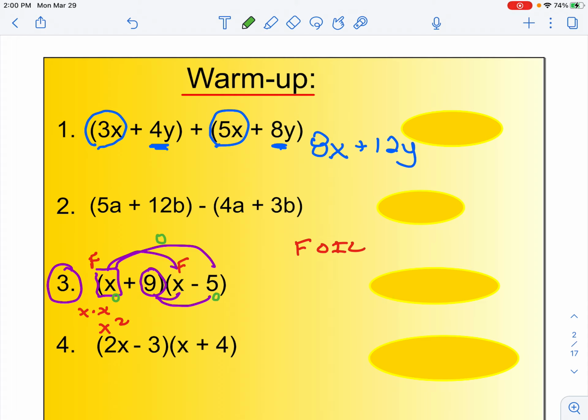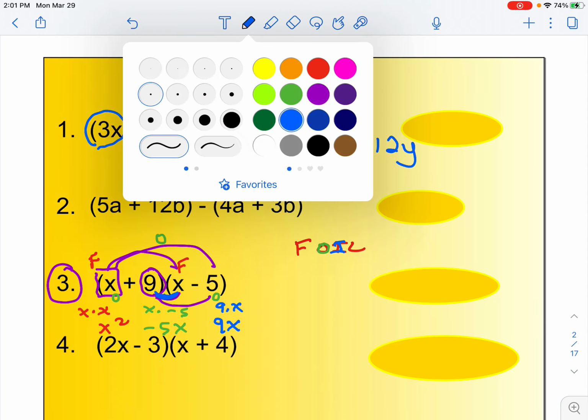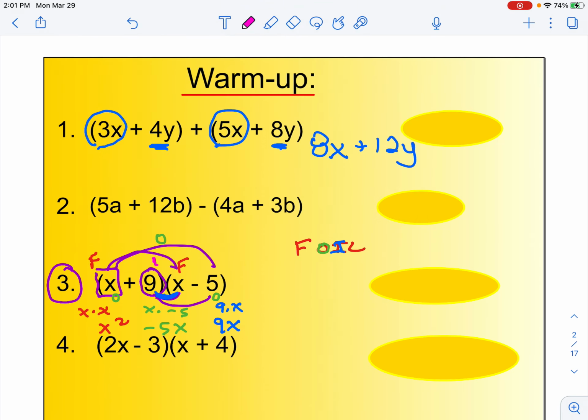So the O in our FOIL is going to be multiplying x times -5, which is going to give us -5x. Okay, the inside terms come from multiplying these two inside-most terms, and that would be 9 times x, that is our I, and that would be 9x. And then we look at the last term in each parenthesis, and that would be 9 times -5, or -45.